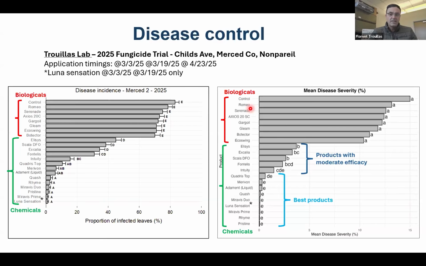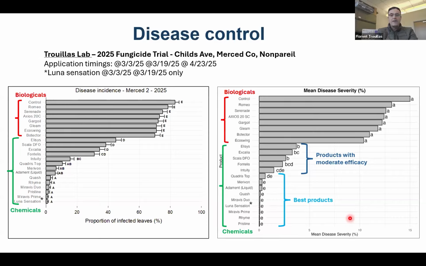And within the chemicals, I would say we had 2 groups. We had products with moderate efficacy, and then we had products with really absolutely great disease control. So we had about 9 products that performed greatly.